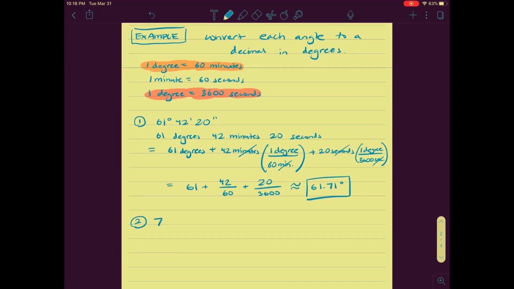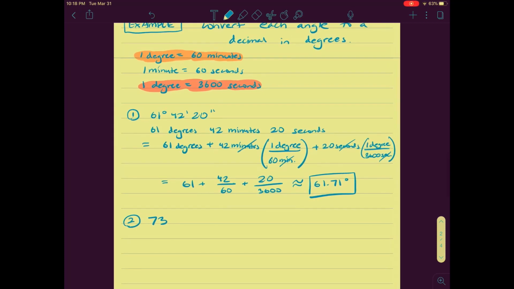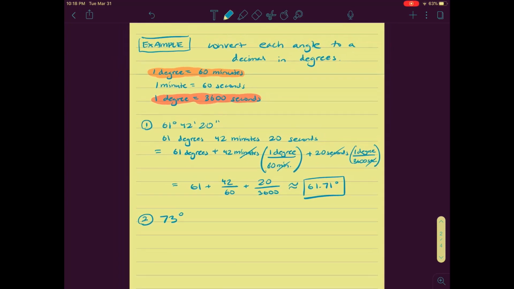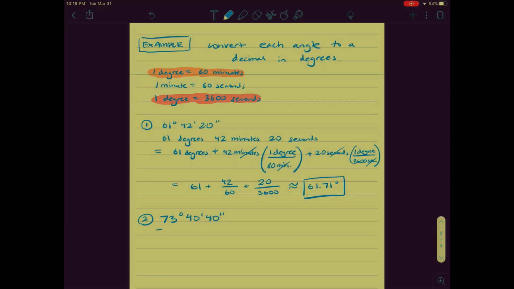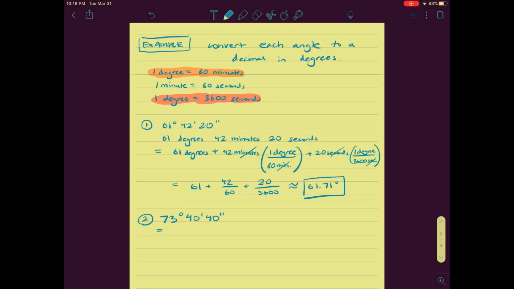Let me put up number 2. Here we're going to have 73 degrees, 40 minutes, and 40 seconds. Let's see how you guys do. What I'm going to do here is not write the words degrees, minutes, and seconds. So I'm going to leave it as 73 degrees plus, now here I have 40 minutes, and I want to convert that into degrees.